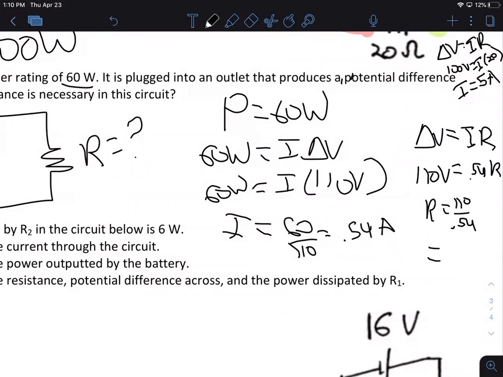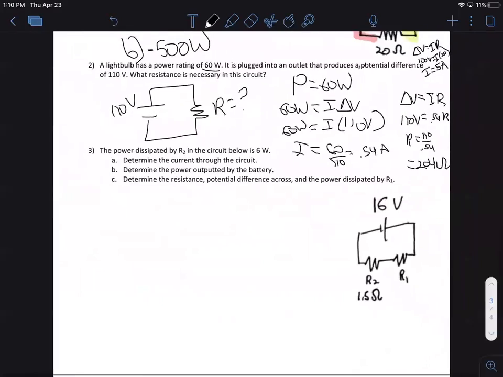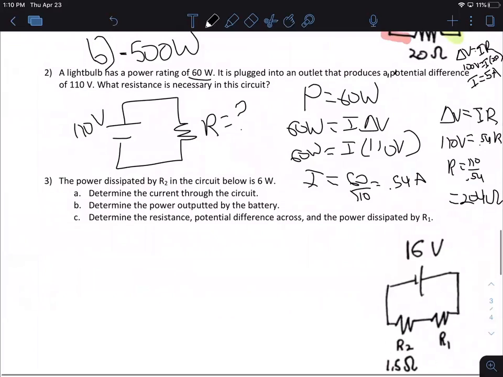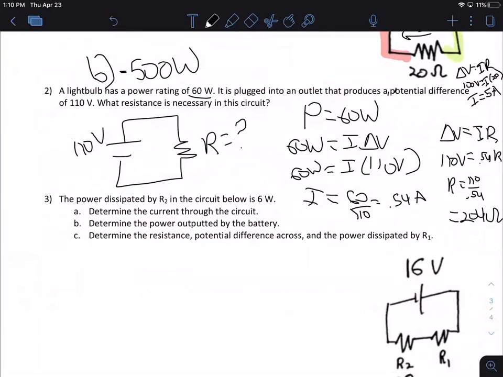It'll be like 200 something or other. 204 ohms. I could go back and double check that. I know P equals I squared R, so if I did I squared times 204, I should get 60.